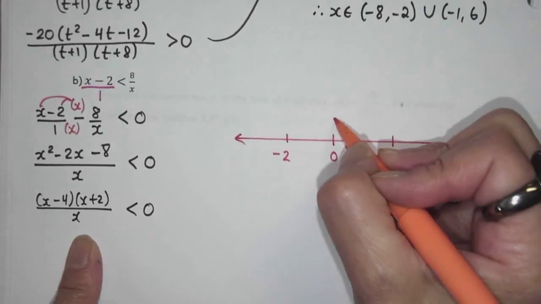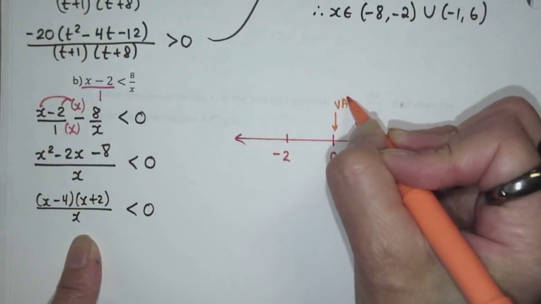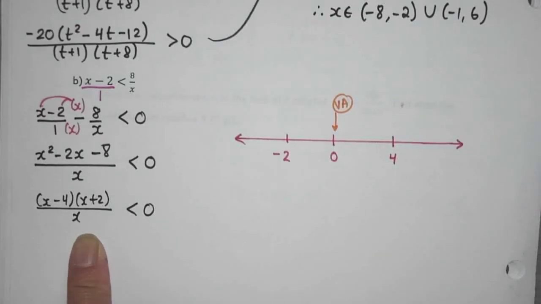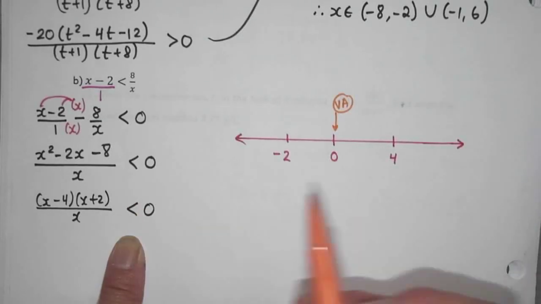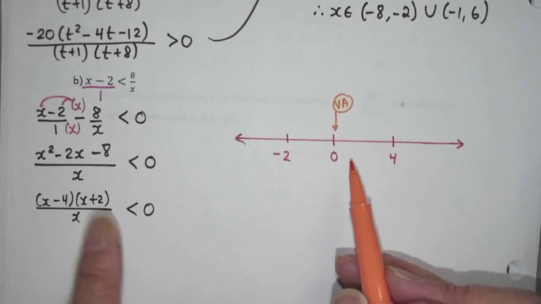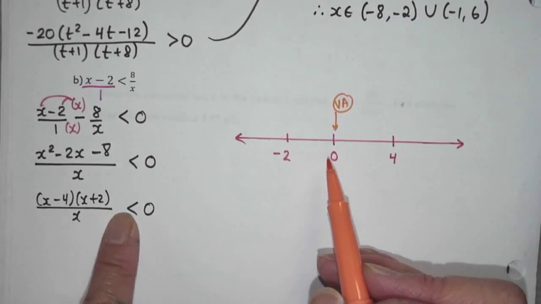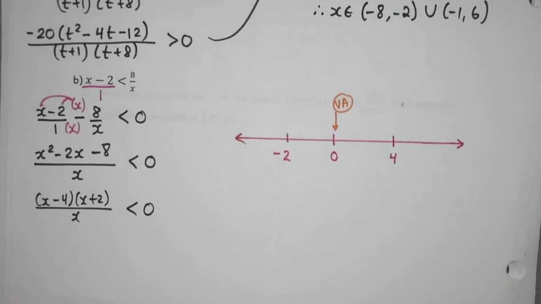I note down 0 is my vertical asymptote just out of habit. A vertical asymptote will always be round, never included in my solution set. This is going to be round anyway, but I still do it out of habit. Sometimes I double check. Oh yeah, it's round anyway because it's less than, not equal.